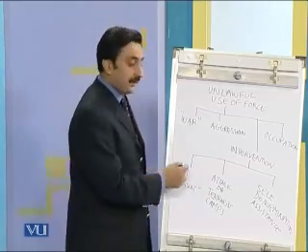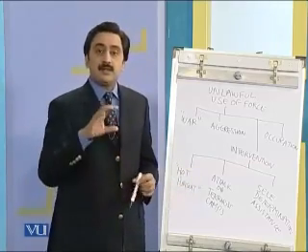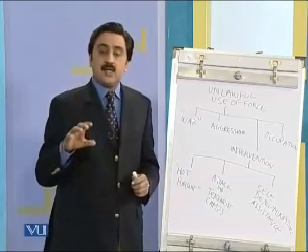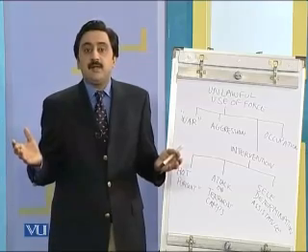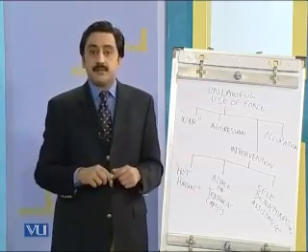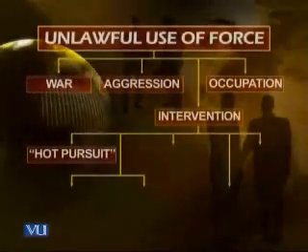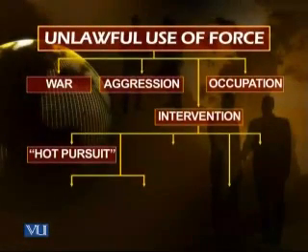But there are other provisions, or other sanctions or other regimes under which intervention may have some justification. Now, one justification which is attempted of intervention is the doctrine of hot pursuit.